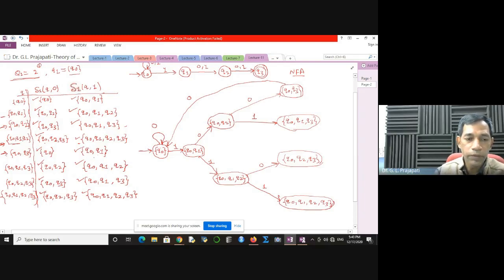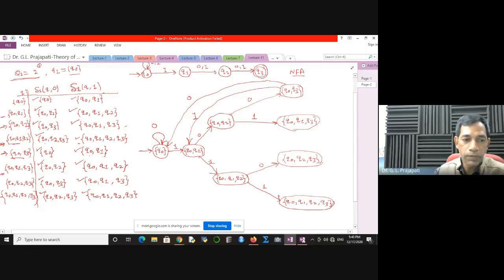If you are at Q0 Q3 and input is 1, you are going to the state Q0 Q1. This is for the case of 1. So if you are at Q0 Q3, for the input 0 you are going to Q0, and for the case of 1 you are going to the state Q0 Q1.